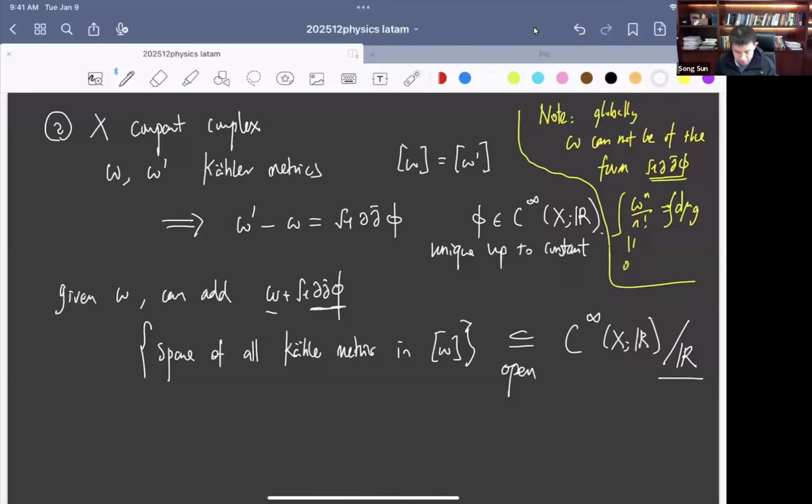So from this we can heuristically understand: if X is compact, then a Kähler metric on a compact manifold X. So this is the space of Kähler metrics on X, right?